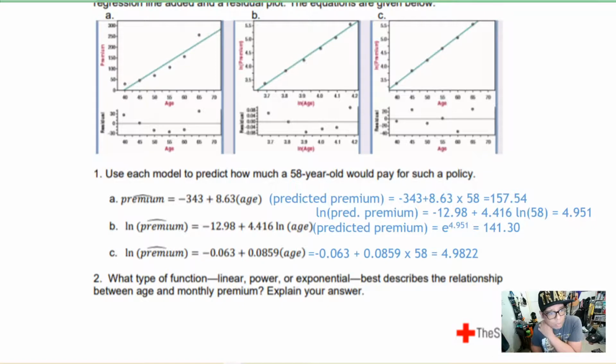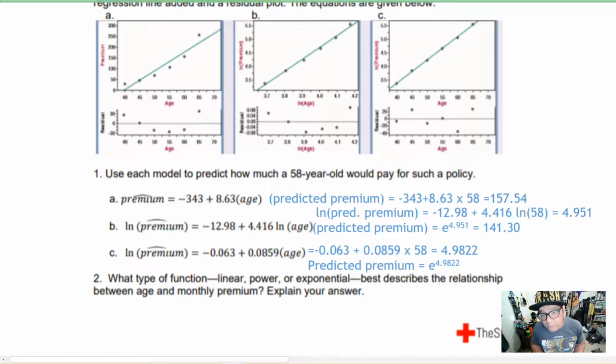And just like before, in order to get the premium, that's going to be e to the 4.9822, which gives us 145.79.